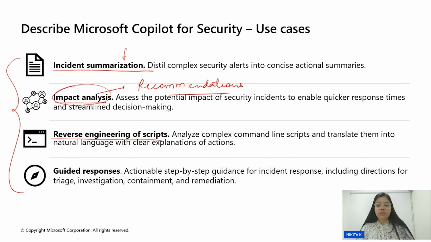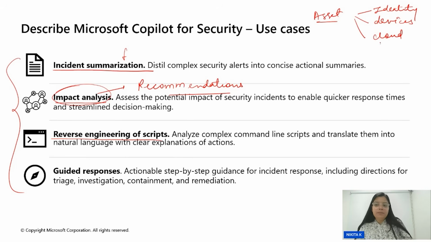Next will be reverse engineering. Reverse engineering means the attack has already happened on the asset. Whenever I say asset, it can be your identity, your devices, your cloud resources, or anything in Office 365, such as your SharePoint, your Teams, your Outlook, or the different workloads or applications.